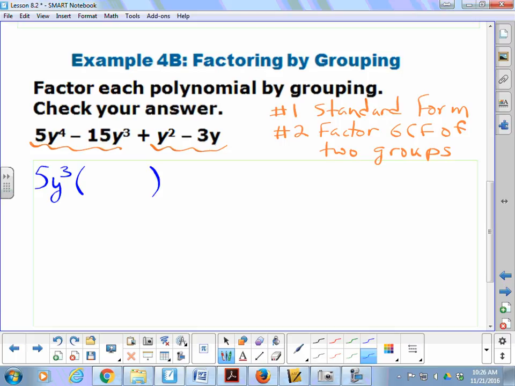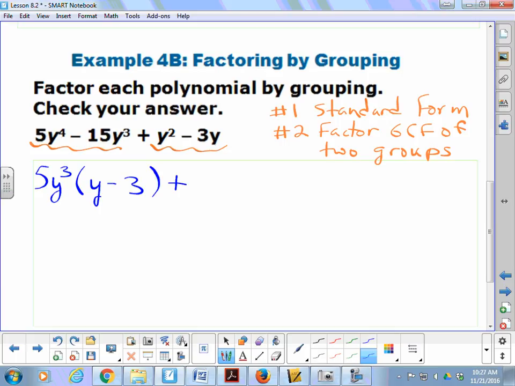Y, 1y to the first. What goes between them? Subtraction. Y minus 3. Because I have to have y to the 4th power, so y cubed times y, and 5 times 3 is negative 15. Good.